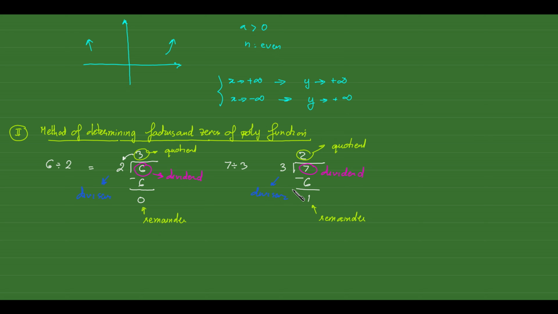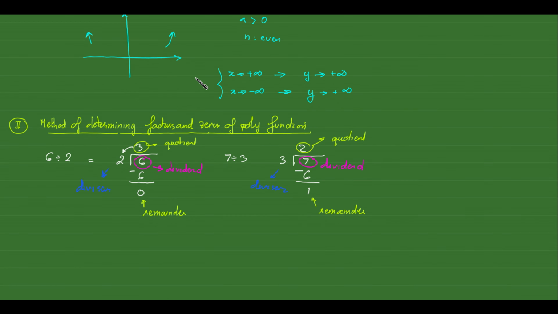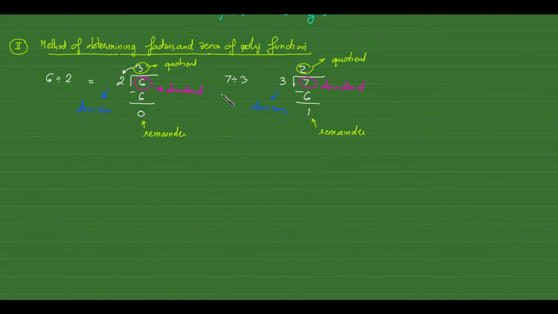Basically, the way we set it up like this is actually based on a rule. We call that the division algorithm rule, and we're going to use it to divide polynomials.